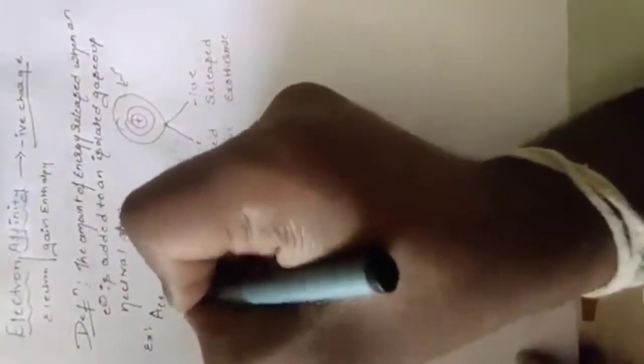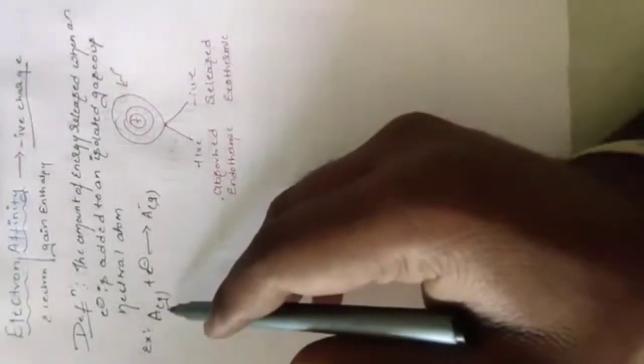Okay, we take an example. You take any gaseous atom, if an electron is added to the atom, it quite commonly shows negative charge, gaining of electrons. We take another example, that is chlorine.